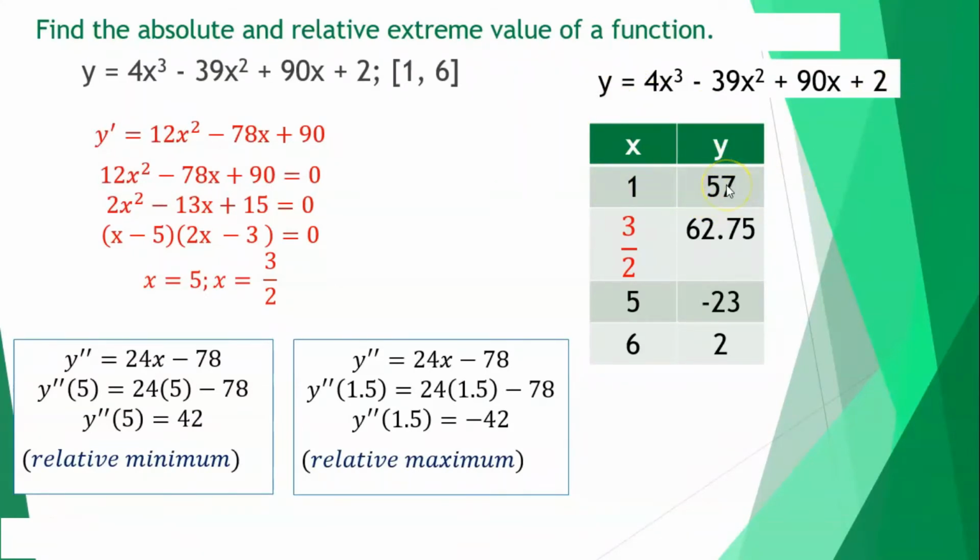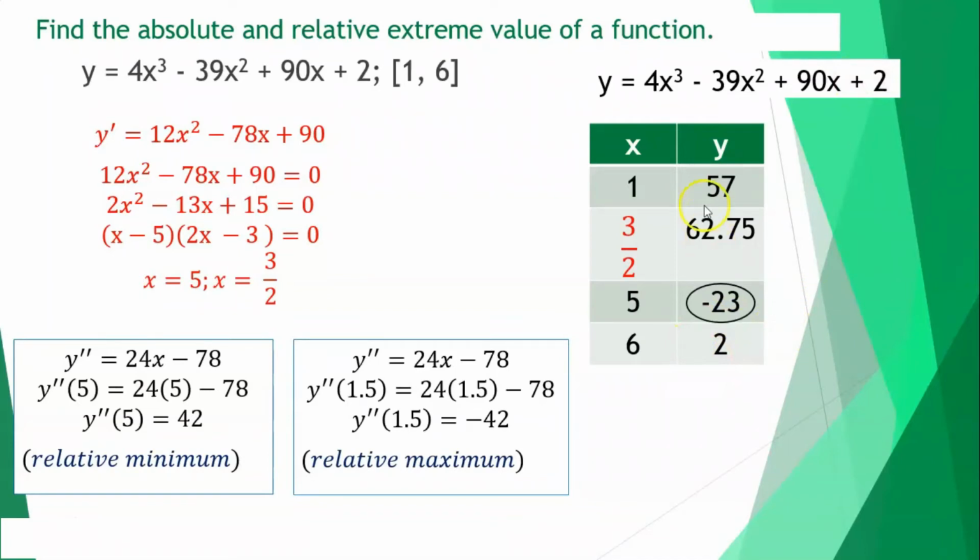You can make use of your calculators to countercheck that. If we have 3/2 or 1.5, substitute here, we will end up with 62.75. And if our x is 5, substituting it here, we will end up with negative 23. And if our x is 6, we will end up with 2.